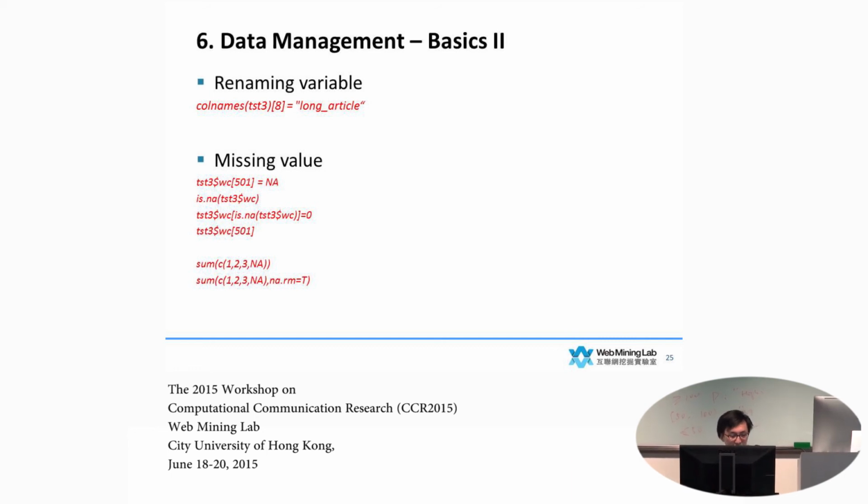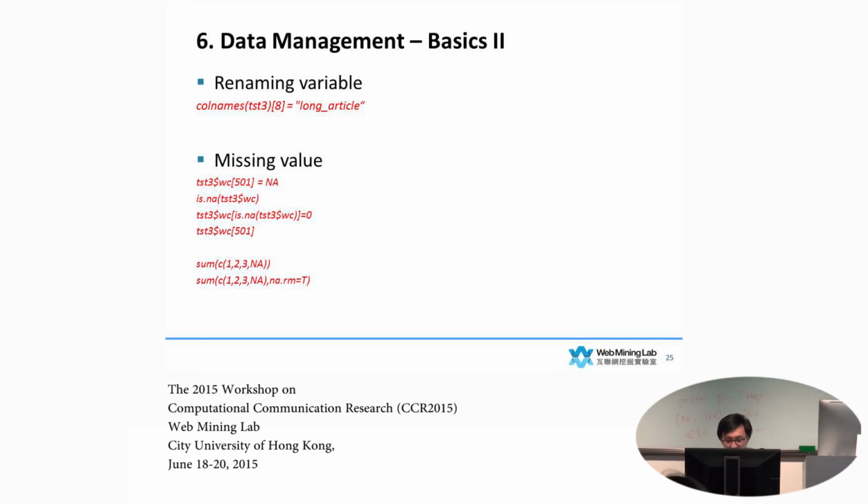We create a new data frame. The new data frame is a subset of the TST3 data frame, and we only want to pick the first and the third variables. That means we're only interested in the ID and publication date variables. We have several ways to do this. First, the first column and the third column.